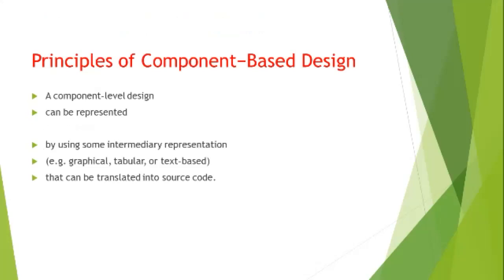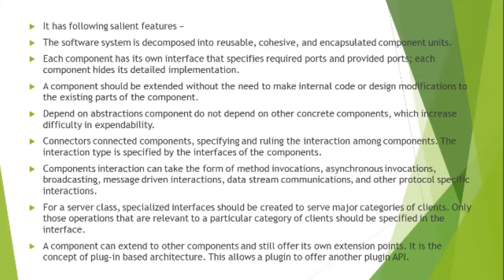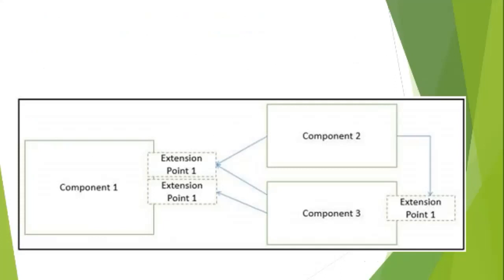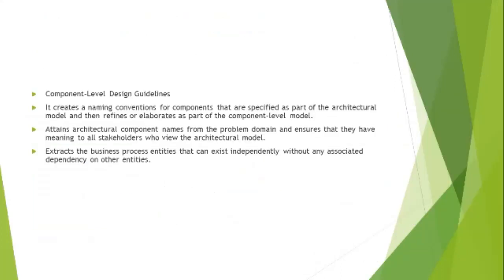A component-level design can be represented by using some intermediary representation, for example, graphical, tabular, or text-based, that can be translated into source code. It has the following salient features. The features are many. These are the guidelines.